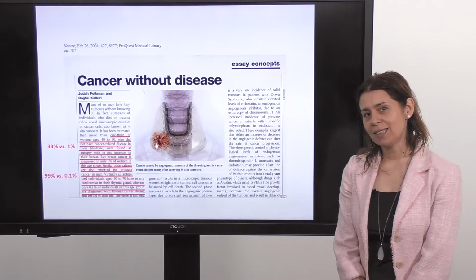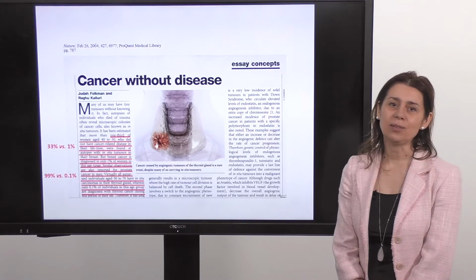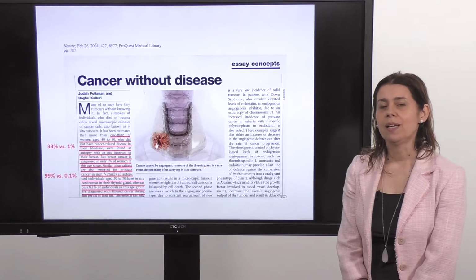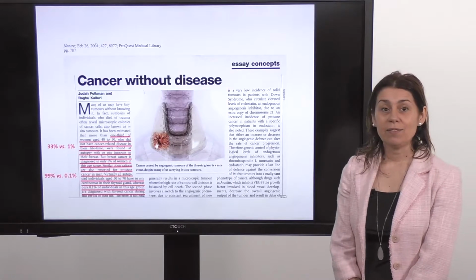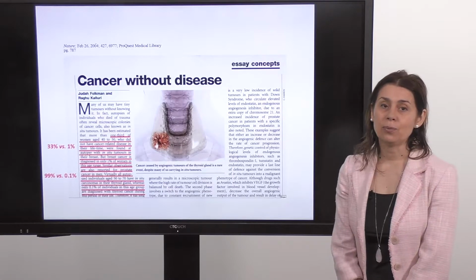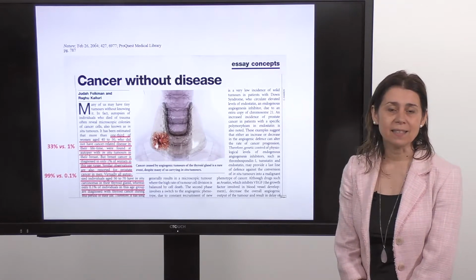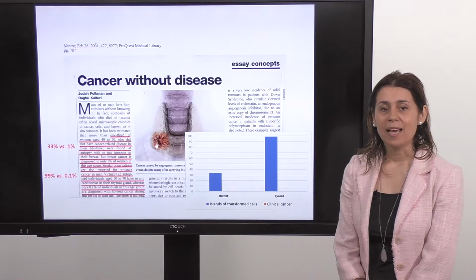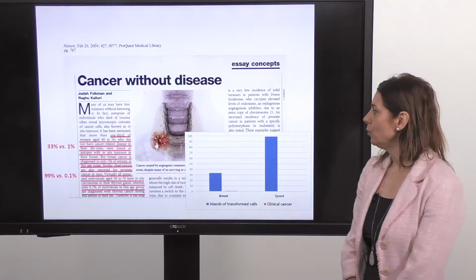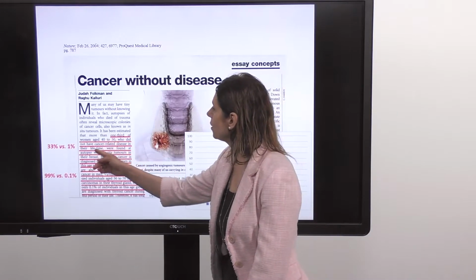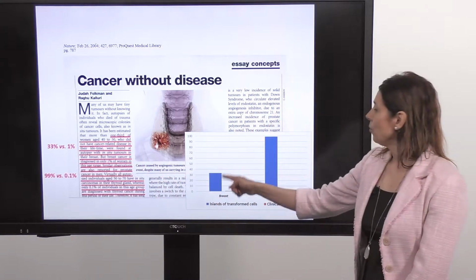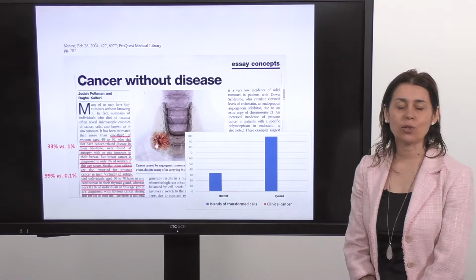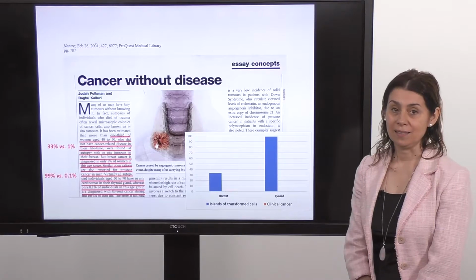Another very interesting study is the one performed by Folkman and Kalluri. In this study, they investigated the breasts of women who had died by accidents, in other words, by causes other than cancer, and they could identify that in women between 40 and 50 years of age, almost a third had transformed epithelial cells in the breast.